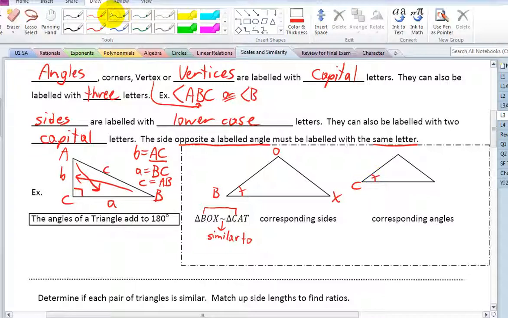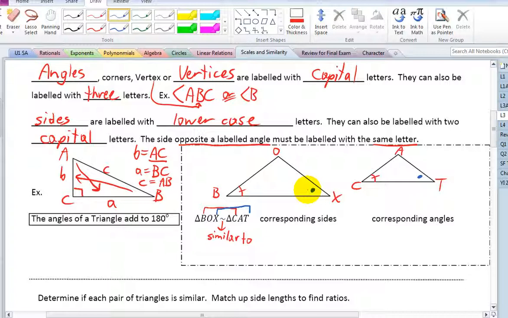What are the 2 last letters? X and T, right? Since X and T are the very last letters in the name, they must also be equal. So maybe instead of an angle symbol, I use a dot, then X would have the same symbol to indicate it's the same size.